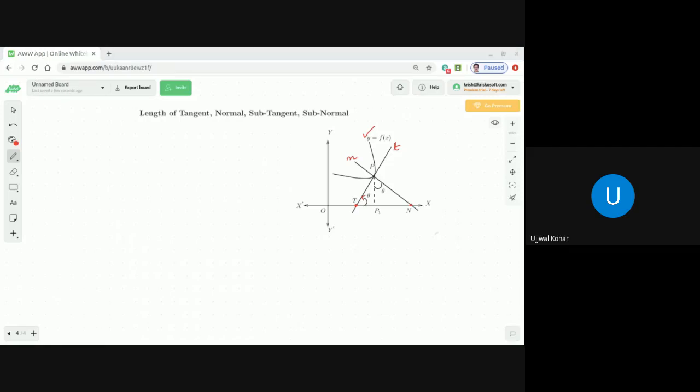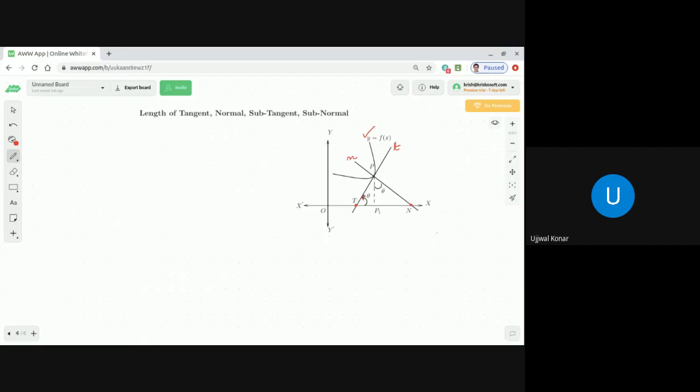Then what we are going to say, dear students, is that PT is called the length of the tangent and PN is called the length of the normal. What you see, that PT, that length is called the length of the tangent.